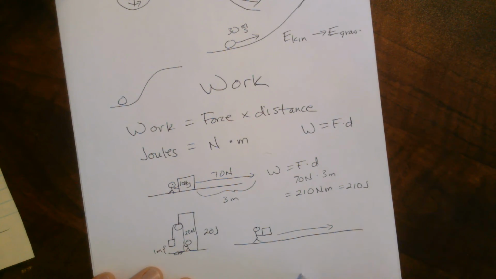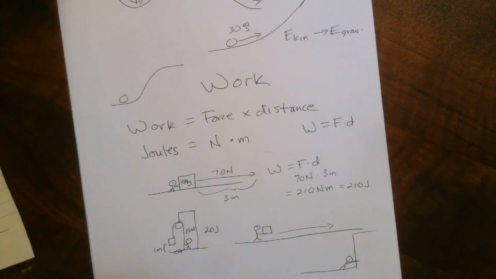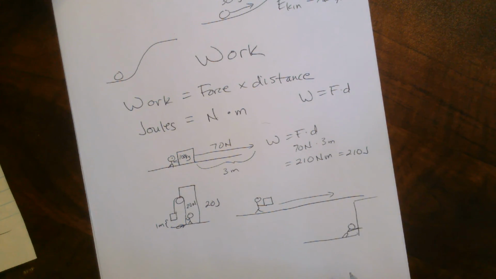Also, let's say that you have a big wall and I have a person pushing really hard on the wall. They're going to start sweating and they're going to start getting tired and their heart rate's maybe going to go up. But in terms of work done on the wall, technically they didn't do any work on the wall.